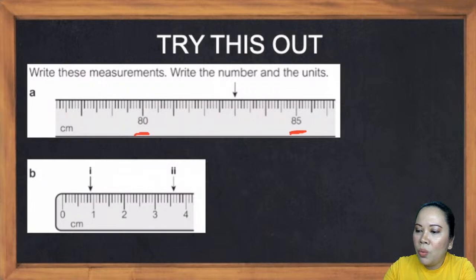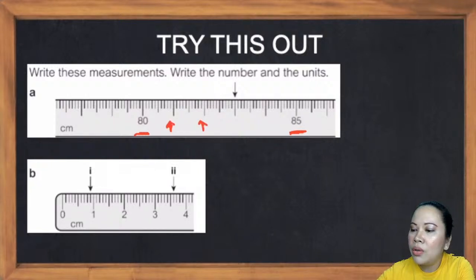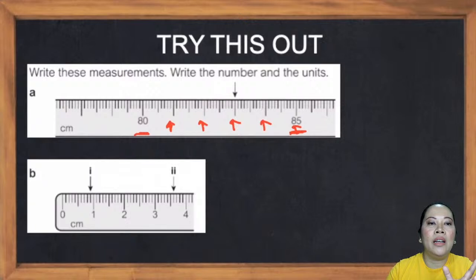So you have 1. I'm counting on the bigger scale. You have 1, that's 2, 3, 4, and then 5. So it is indeed 5 units in between.